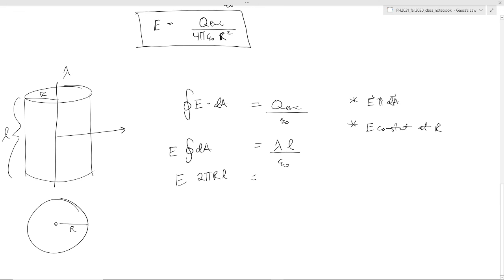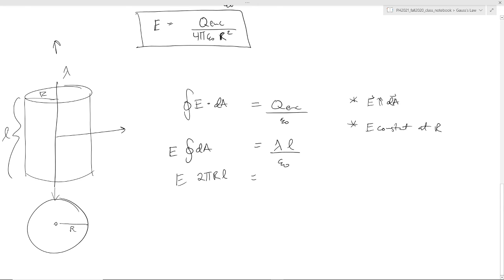Now, notice I omitted the ends of the cylinder, and this is because, remember when we were talking about this problem, this was really long. And also, the ends would be perpendicular to the flux that we're describing. So in other words, we're talking about the middle of our long, infinite line of charge.